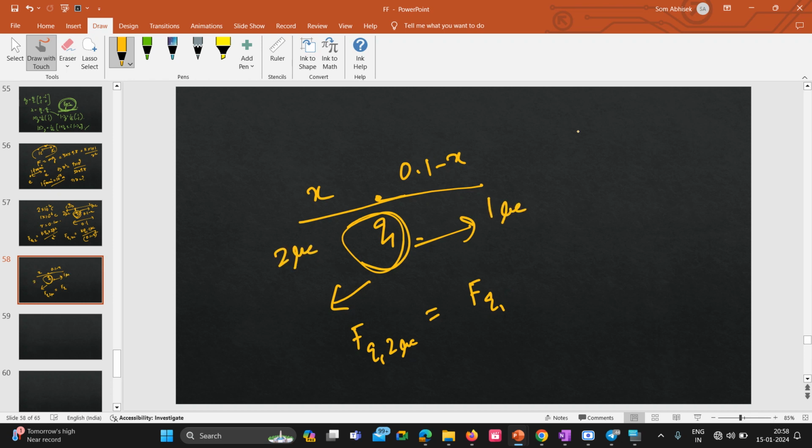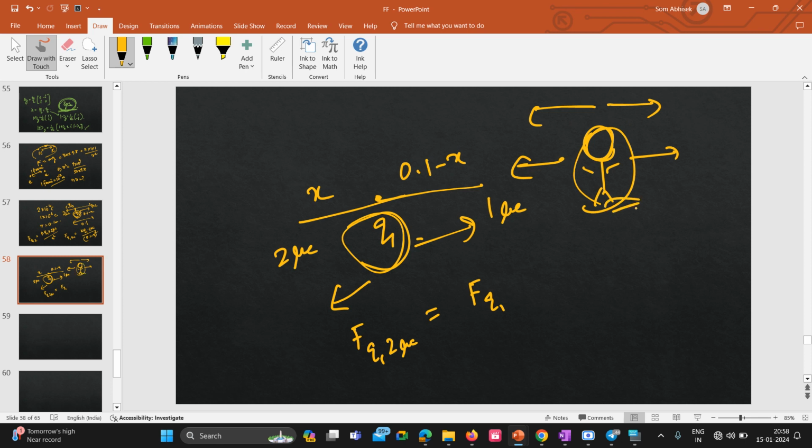If this is you, two friends are pulling you in the opposite directions with the same force, then you will be at rest. You won't go anywhere. So that means two forces are equal. That's why I'm writing it here. So just equate the forces.